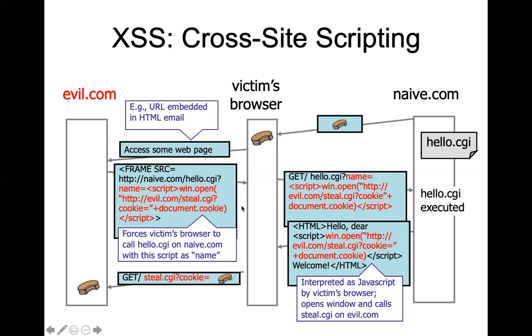So it is sending back content that you gave. So I challenge you, go type this stuff over here, script win open or something like that. Type executable JavaScript code into the Facebook wall status message and see what you get. Is it actually going to display it as executable code or not? Just go try it.